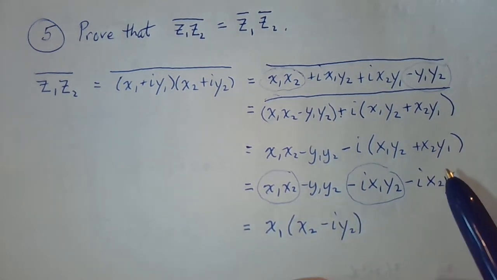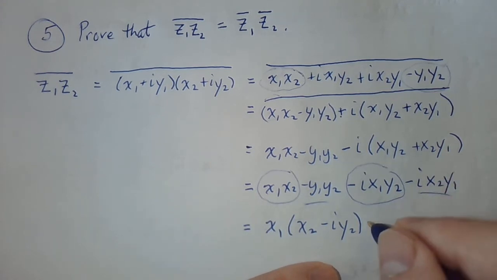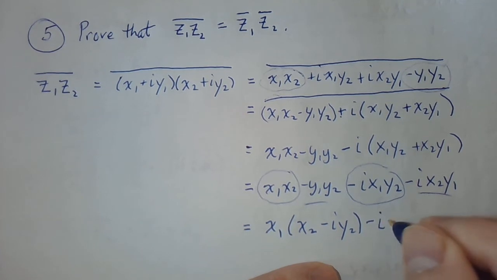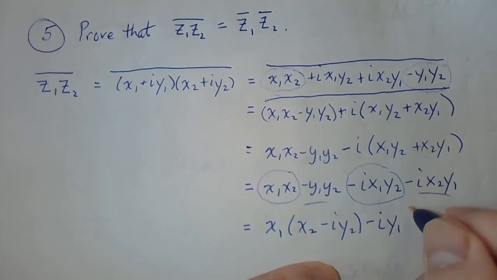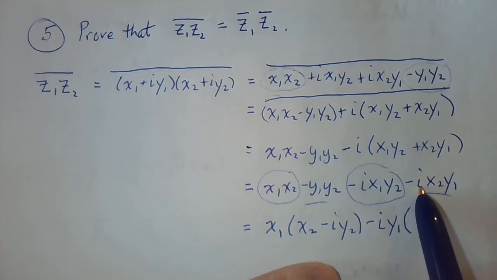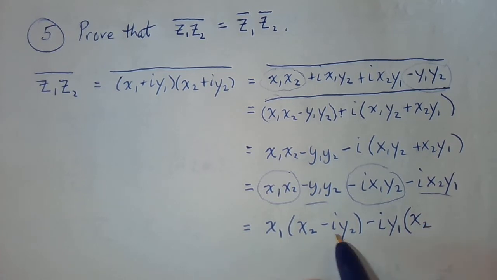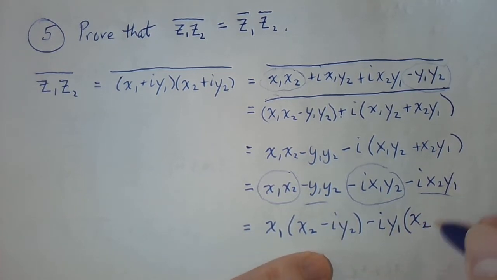All right, now I'm going to group these two terms together, and this is where it gets a little bit tricky. I've done this before, and it's simple to verify what I am doing, but I'm going to do minus i y1. I'm going to factor that out of both of them. So if I have minus i y1, that leaves me with x2, and we're going to find out that the rest of it leaves me with minus i y2.